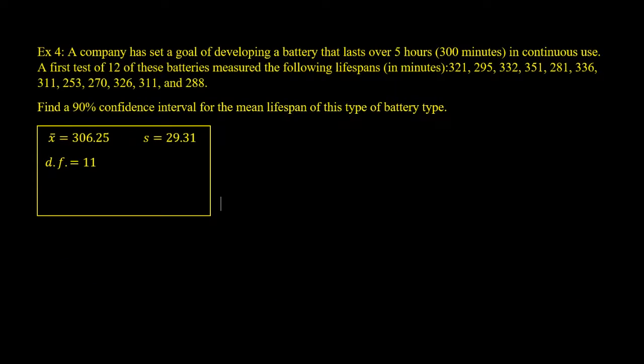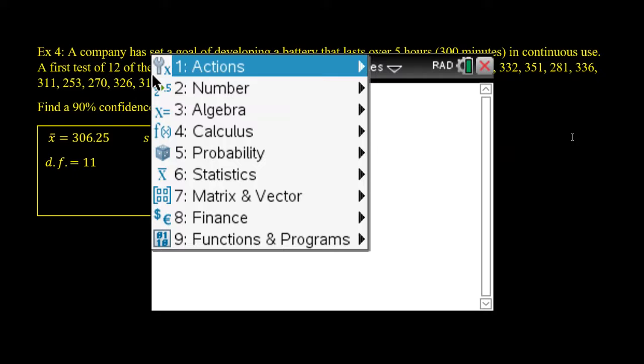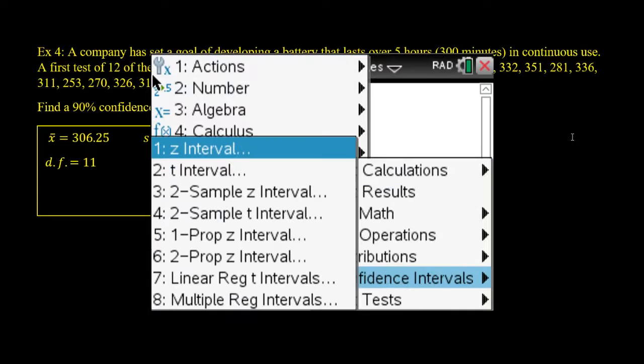Find a 90% confidence interval for the mean lifespan of this type of battery. So we have all our statistics there. The standard deviation is 29.31, and the degrees of freedom, 11. So we're going to go to the calculator and do this. Go to statistics, interval, we're going to do our list as time.